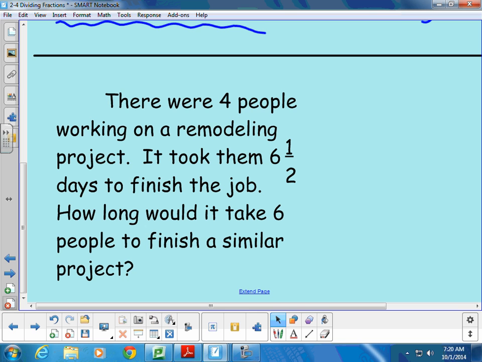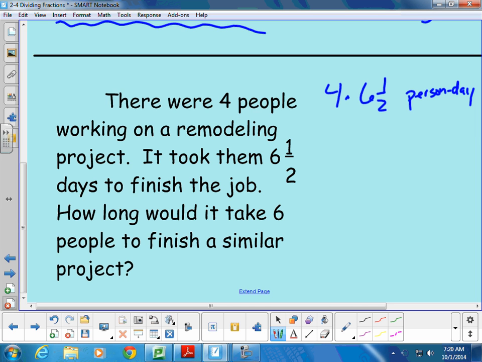So if 4 people each worked 6.5 days, they all worked for that long, the project required 4 times 6.5, and we can call these person days because it was 4 people for 6.5 days. Okay? We then divide the project by 6 people to find out how long it would take that many people to do that.